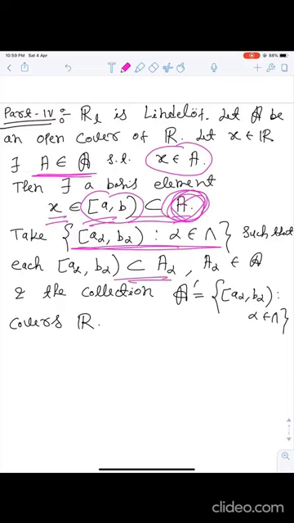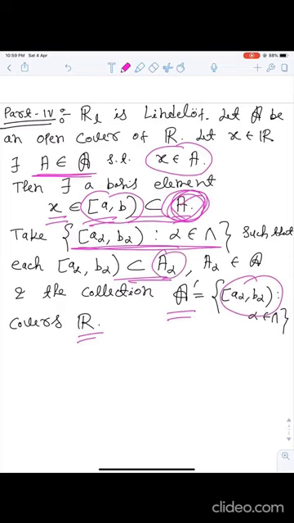Now note that if you have a different basis element, suppose [A beta, B beta), a subset of some A beta, it may happen that A alpha and A beta are the same. That means two different basis elements may be contained in one single A alpha. This is true. So if we can show that this A dash, which covers R, has a countable collection which covers R, then we are done, because each of these basis elements is contained in a single A alpha.